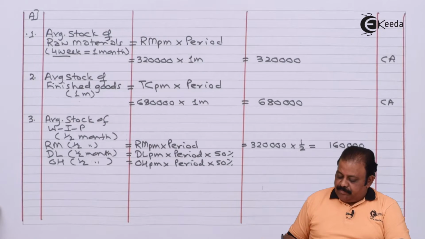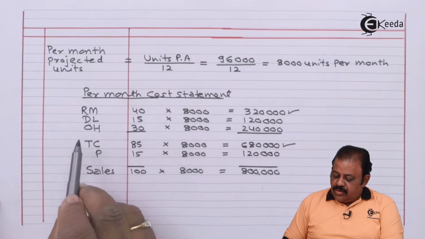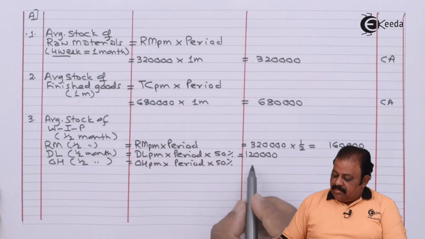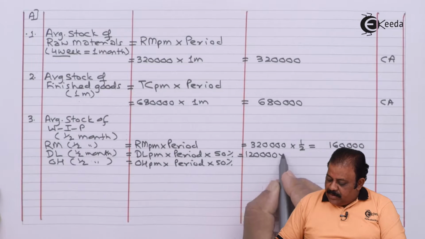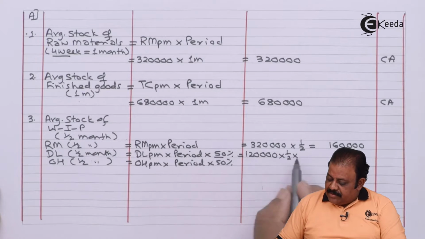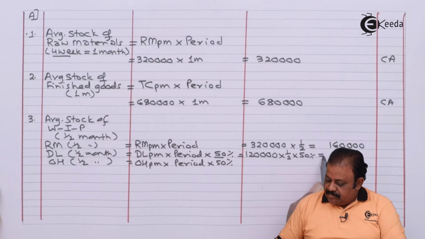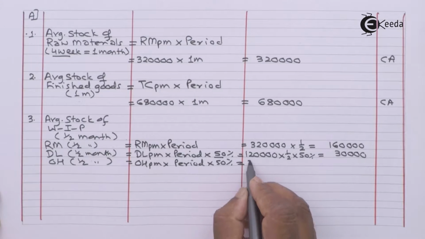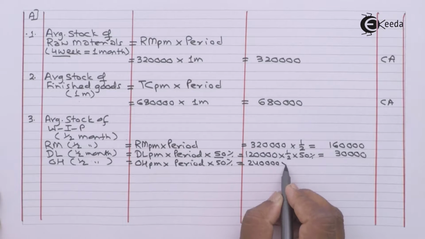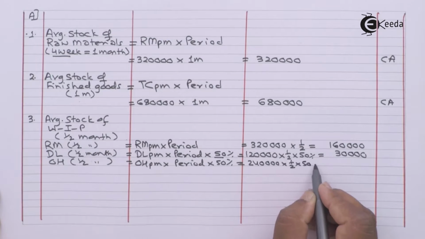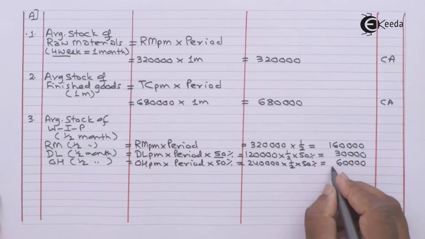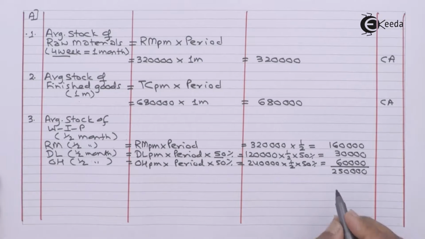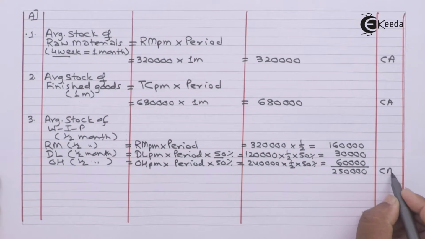So it is 1,60,000. Direct labor per month 1,20,000, half month, therefore multiplied by half, multiplied by 50%. So it is 60,000. Overheads per month 2,40,000 multiplied by half, multiplied by 50%. It is 1,20,000. Average stock of work in progress 2,50,000. It will be part of current asset.